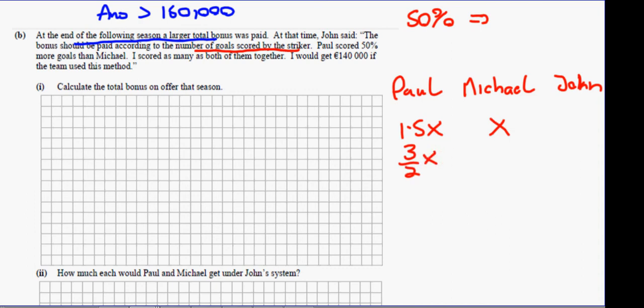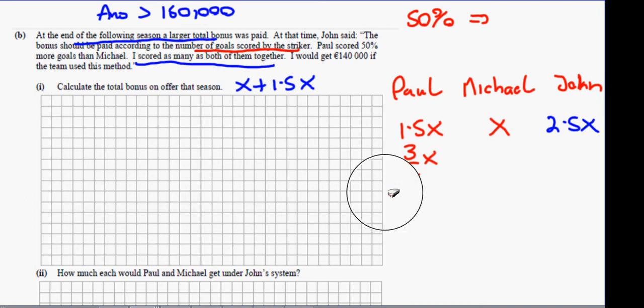Now guys, John says he's scored as many as both of them together. How much did John score then? He scored x plus 1.5x, which is, anybody? He scored 2.5x. Now let's leave it at this, okay? Calculate the total bonus offer on that season. John got 140,000.